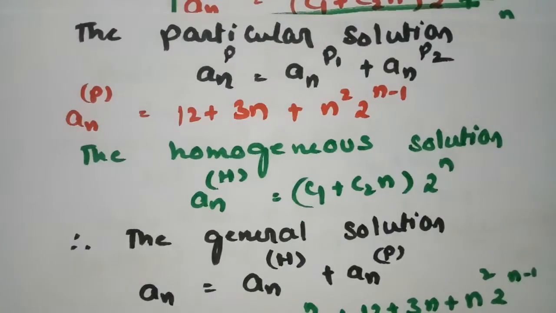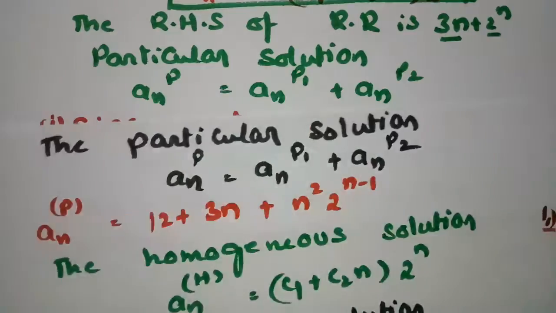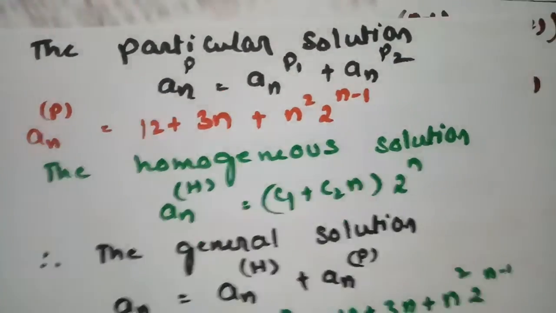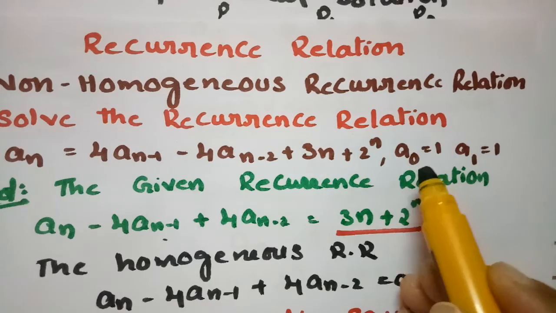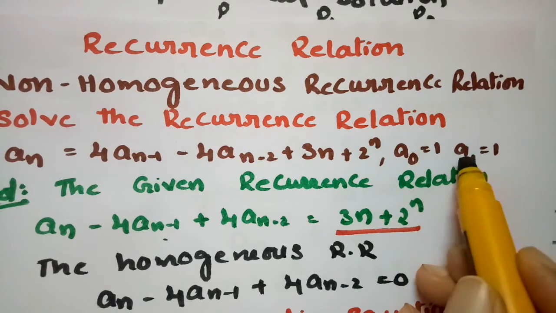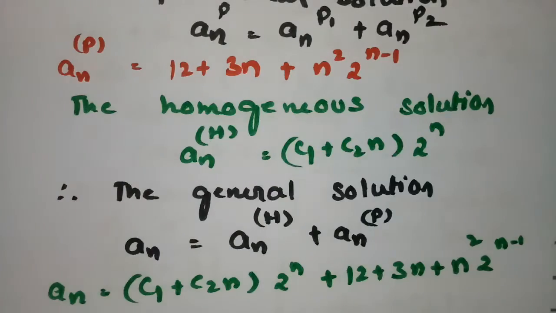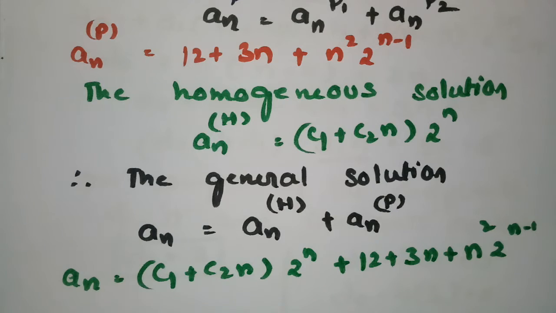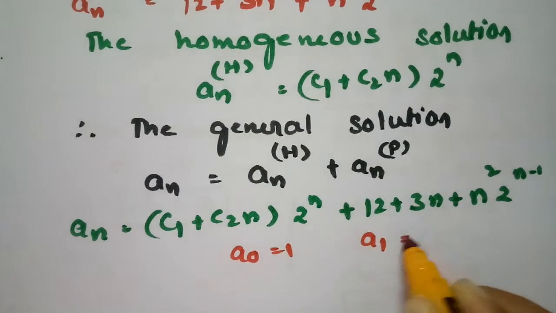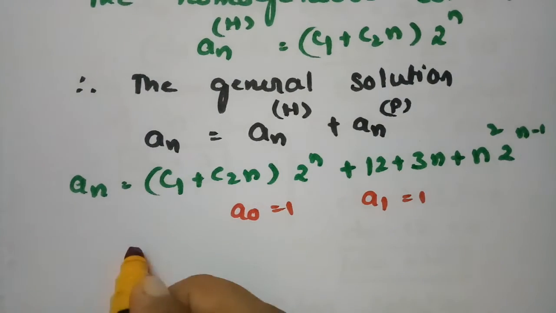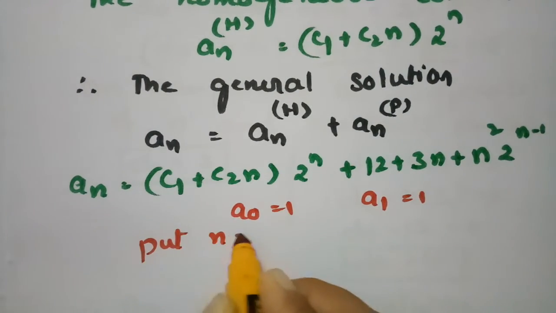After getting the general solution, we have certain initial conditions. From the question it is given that the initial conditions are A0 is equal to 1 and A1 is again equal to 1. For that we have to put n equal to 0.